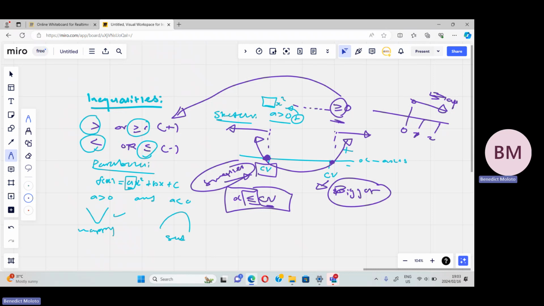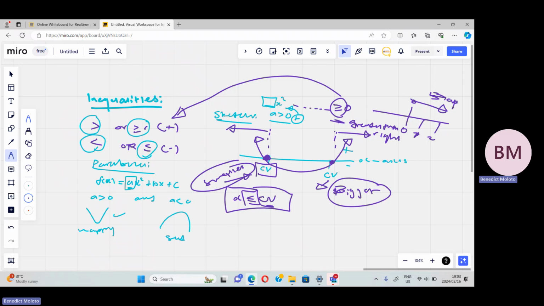Then from this point, from a point to the right, greater than. Remember, it can be greater than or equal to. That equal to, we mean this critical value is equal to this function at this point.